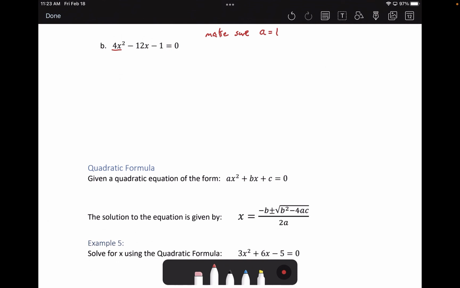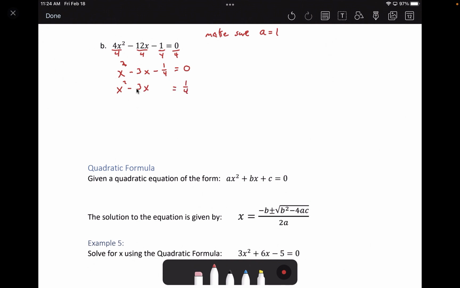We can do that by dividing every term by 4. X squared minus 3x minus a quarter is equal to 0. Next, we'll move the constant over. X squared minus 3x is equal to 1/4.